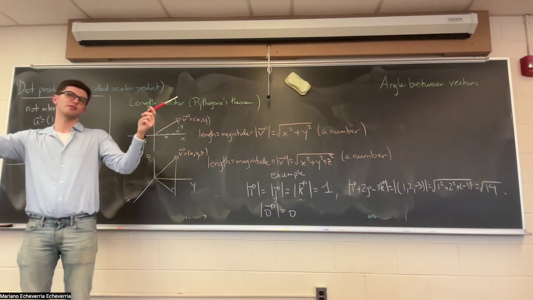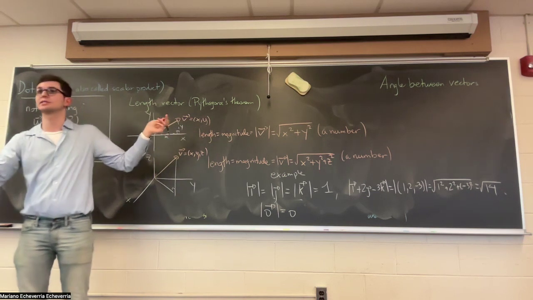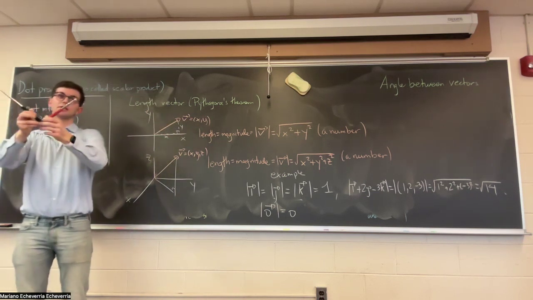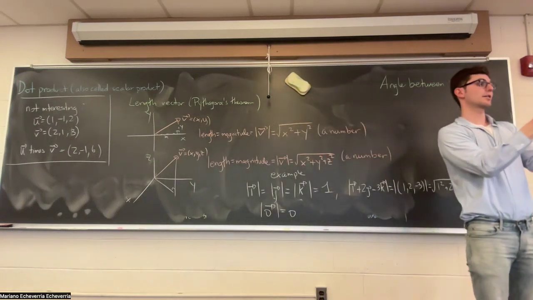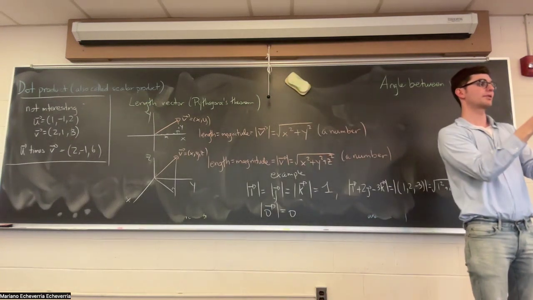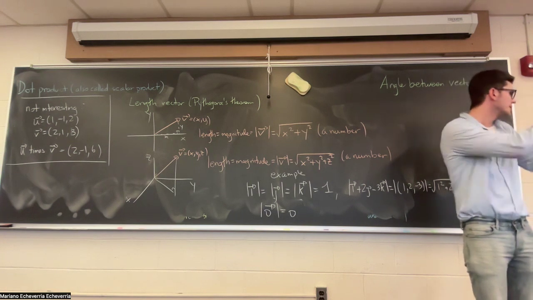You should always move them first so that they start from the same point. For example, here they're always starting from the origin. So you just bring them together so they start from a common point. Once they have a common starting point, there is some obvious angle that you can see in here.